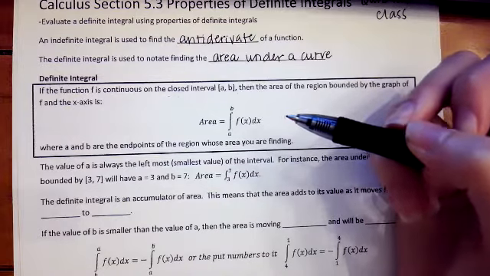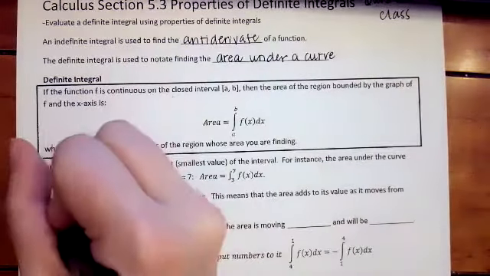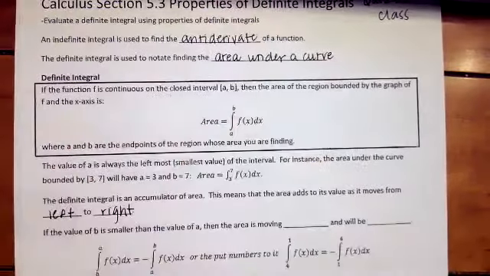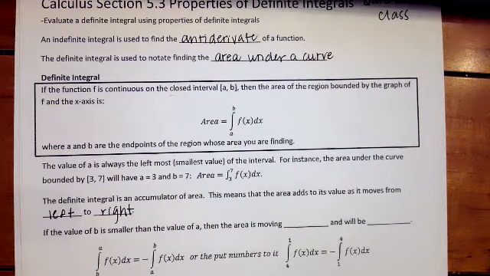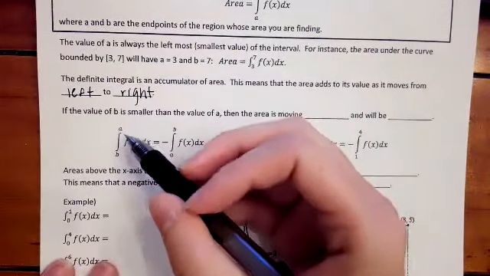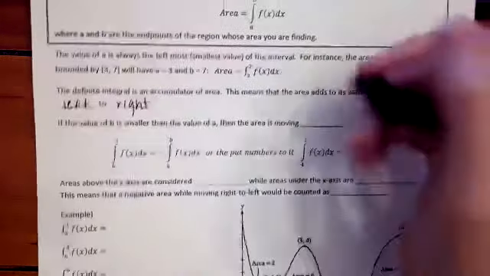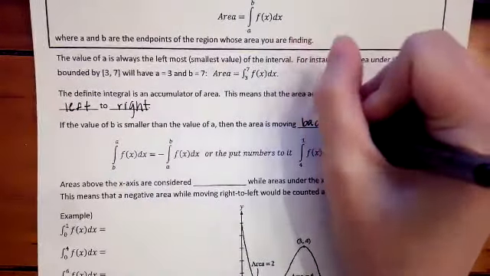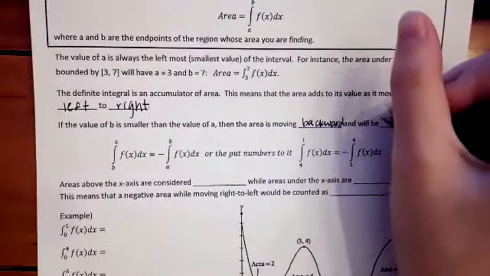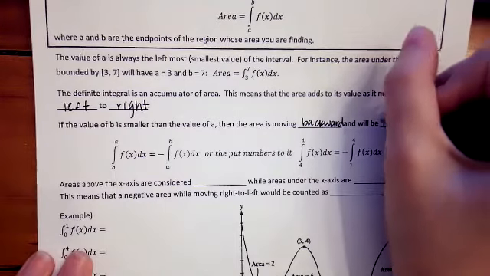The definite integral works from left to right, going from our least values to our most values. So a should be less than b. If for some reason we have b to a, so working right to left, then we are moving backwards, and our integral will be negative.